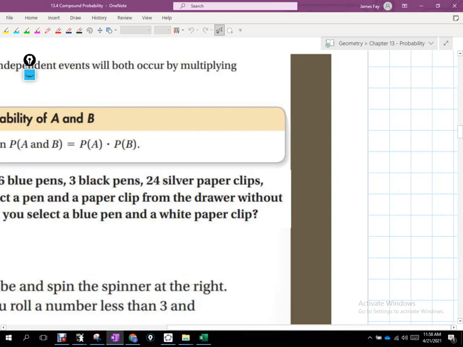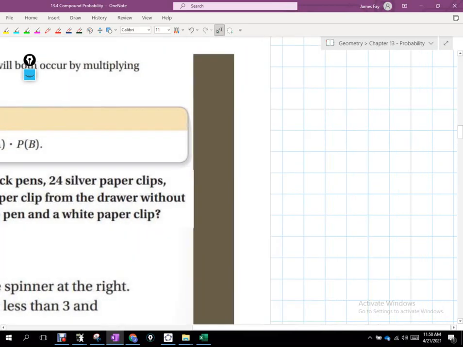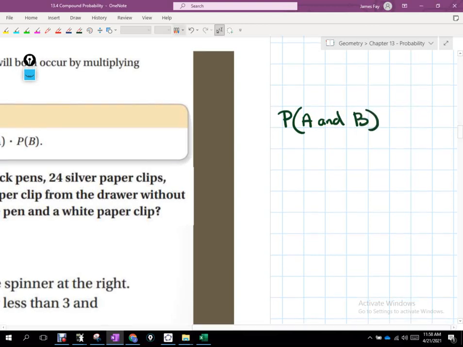All right, so if we've got two independent events, we say the probability of A and B occurring, that in a different notation.